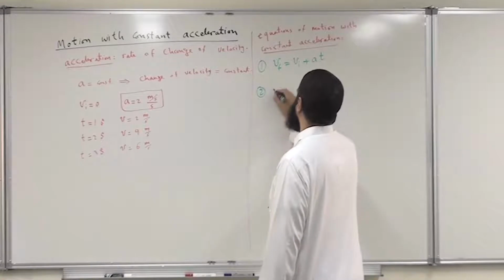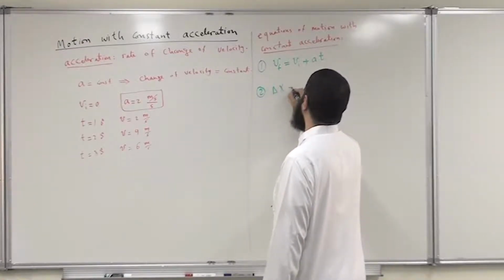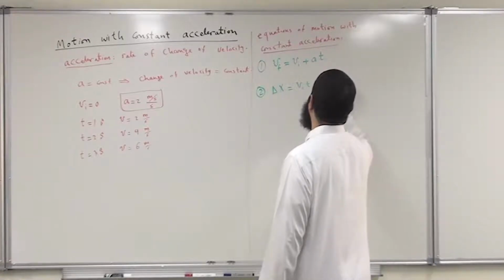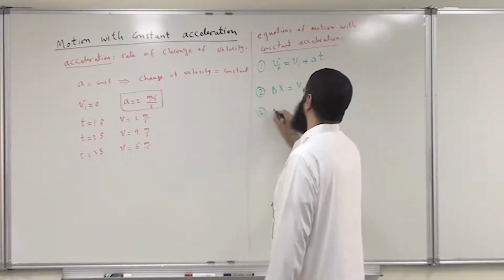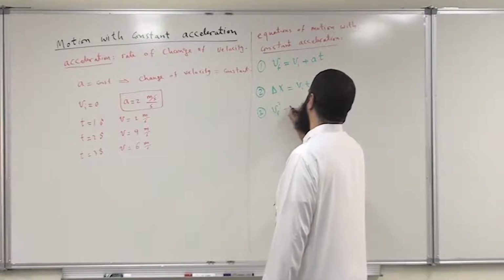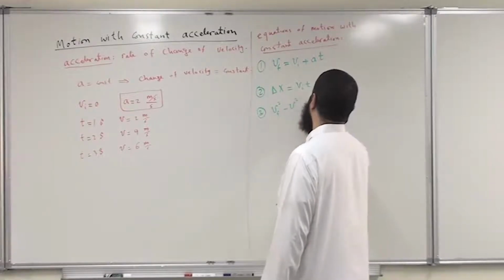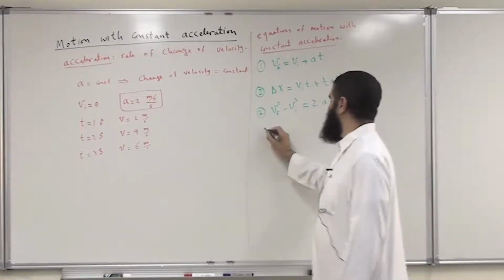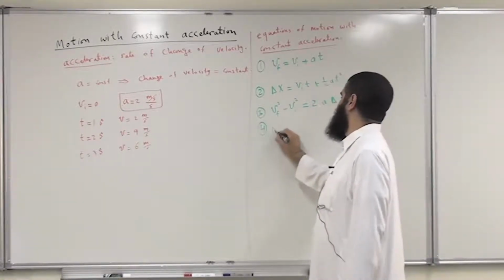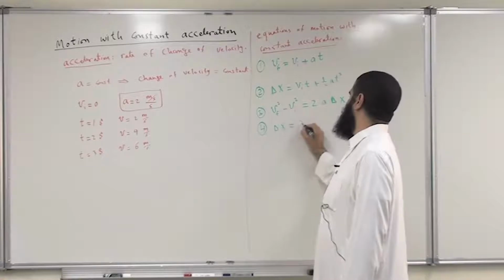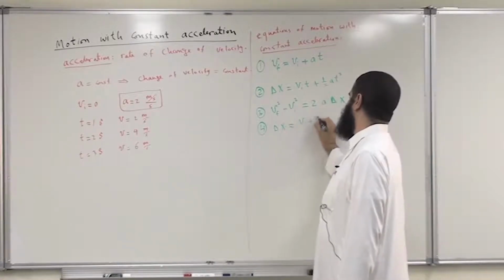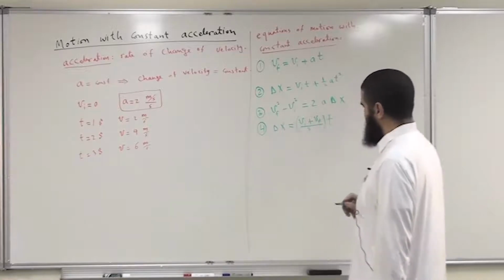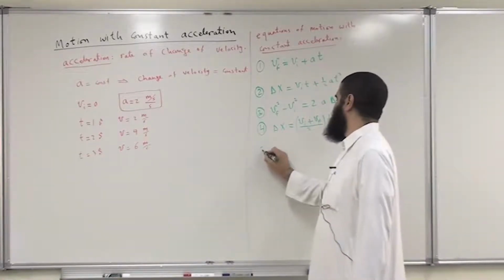Number 2, the equation says delta x equals v initial t plus 1/2 a t squared. Third equation, v final squared minus v initial squared equals 2a delta x. While the fourth equation, delta x equals (v initial plus v final) divided by 2, multiplied by the time period.